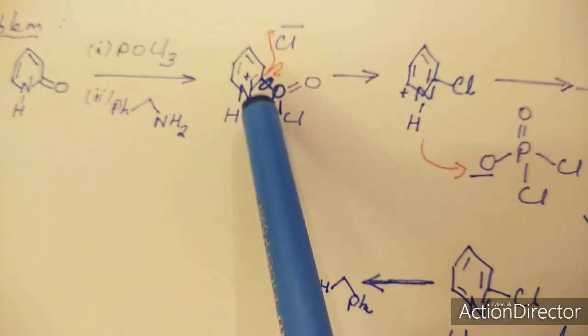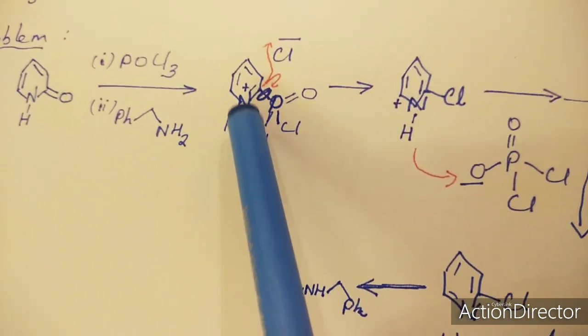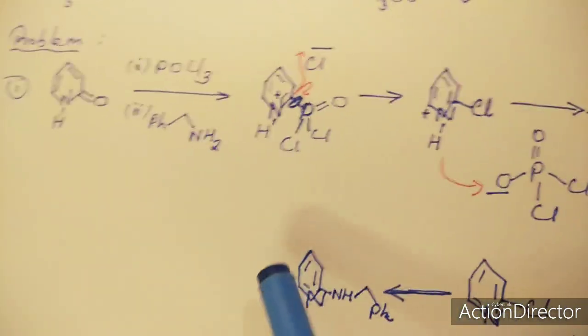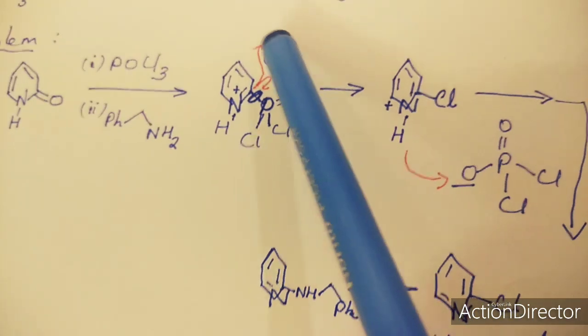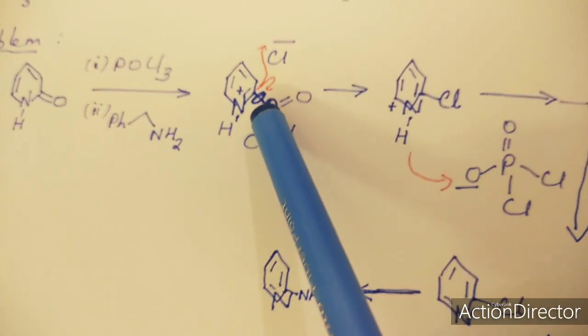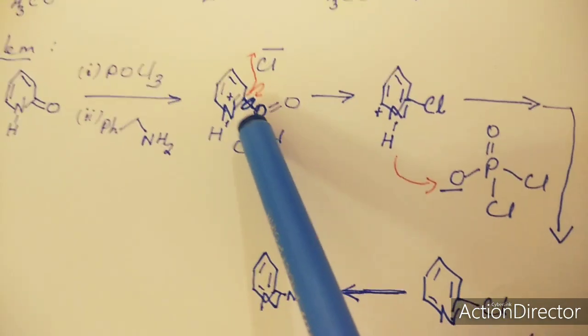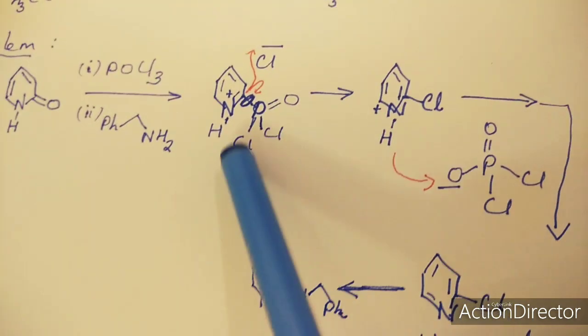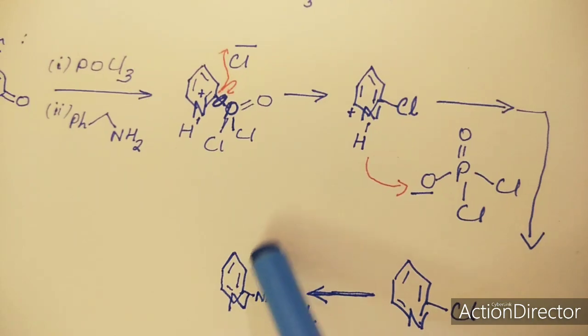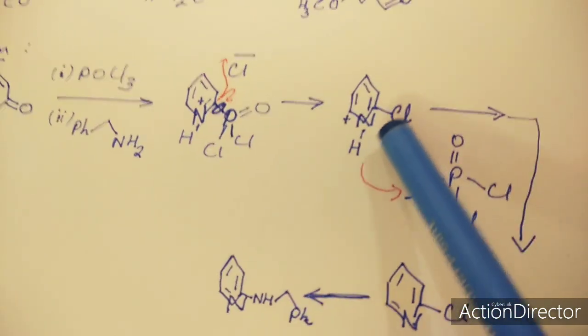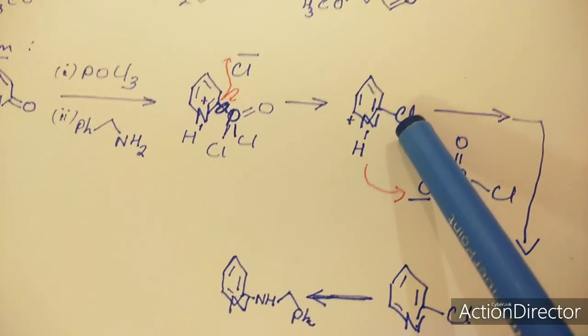This Cl negative is the one, because now this is a ring and the aromatic character is being disturbed and is getting a positive charge. So the Cl will substitute at this position so that this entire group, PO2Cl2, is eliminated. If you recollect, this is what happens in Vilsmeier, and we get this Cl substituted product here.